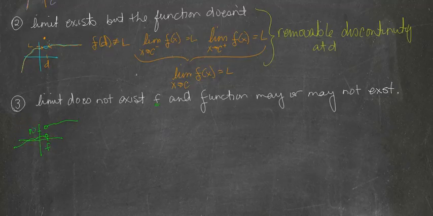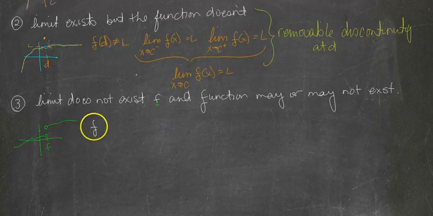It just doesn't exist for me to do that. I may have a function exist. The function may exist at one or the other of these, not both, or it may not. That's not really dependent. In this case, when something like this happens, we have to talk about the limit from one side and the limit from the other, and they're going to equal different things.